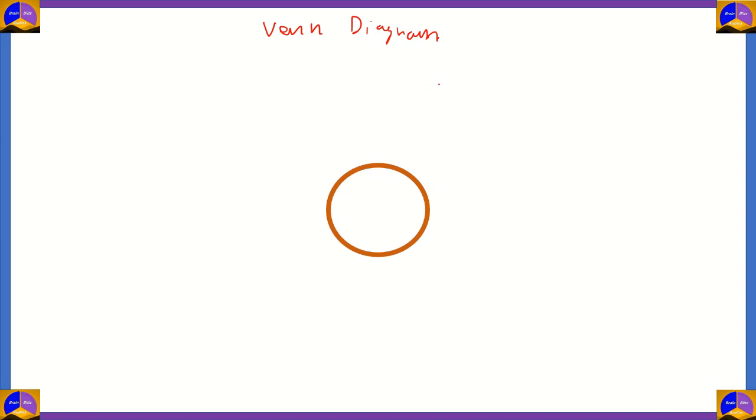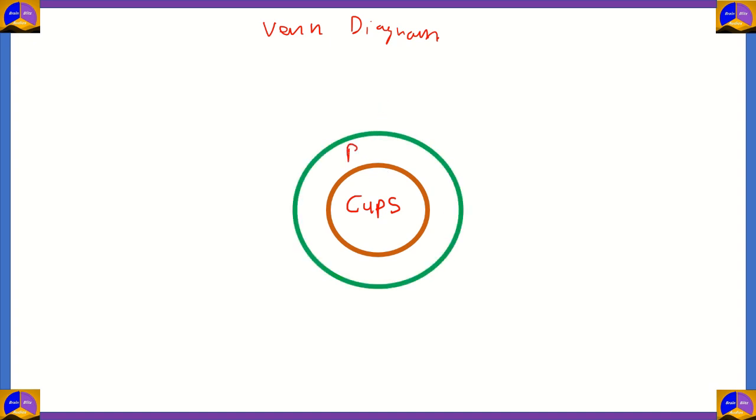So the first statement says that all cups are paper. So that means the set of cups that we have will all be inside another set containing paper. So the diagram for cups will always be inside the diagram of paper.